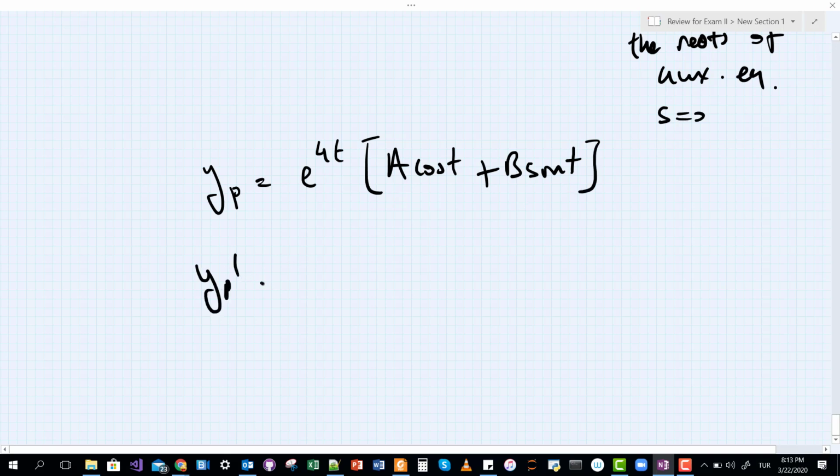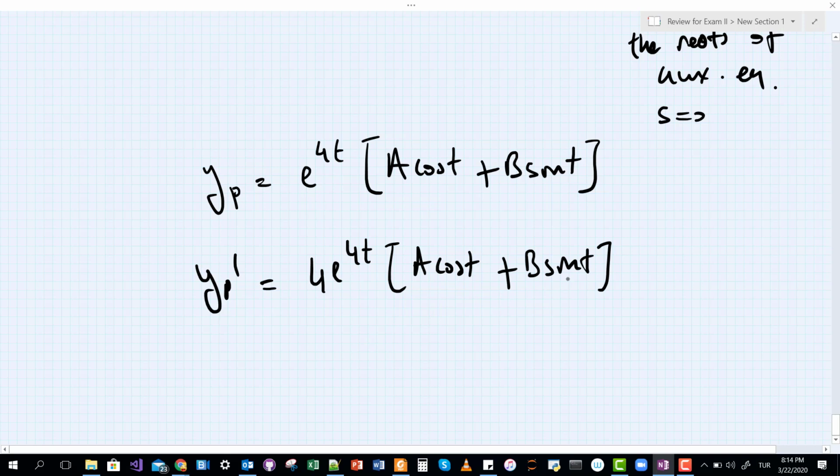Take the derivative of this expression: 4e to the 4t times a cosine t plus b sine t, plus e to the 4t times negative a sine t plus b cosine t. Let me write here.